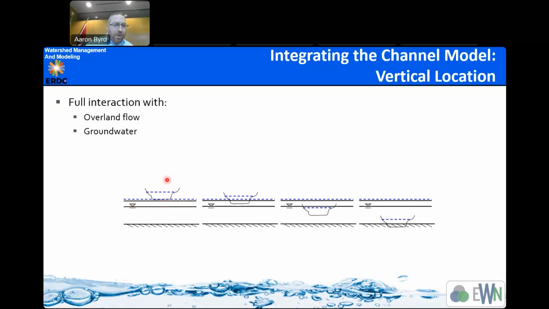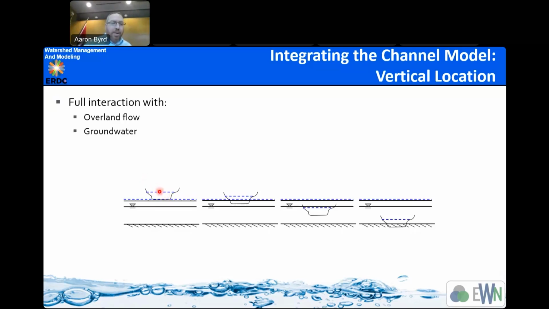Right, so in this version, my channel is above the land. If I don't have full interaction on, it's okay. It'll still run just fine. If I have full interaction on, what's going to happen is all the water in my channel is going to dump out into my overland. It's going to say, oh, your water is higher than the water in the overland cell.